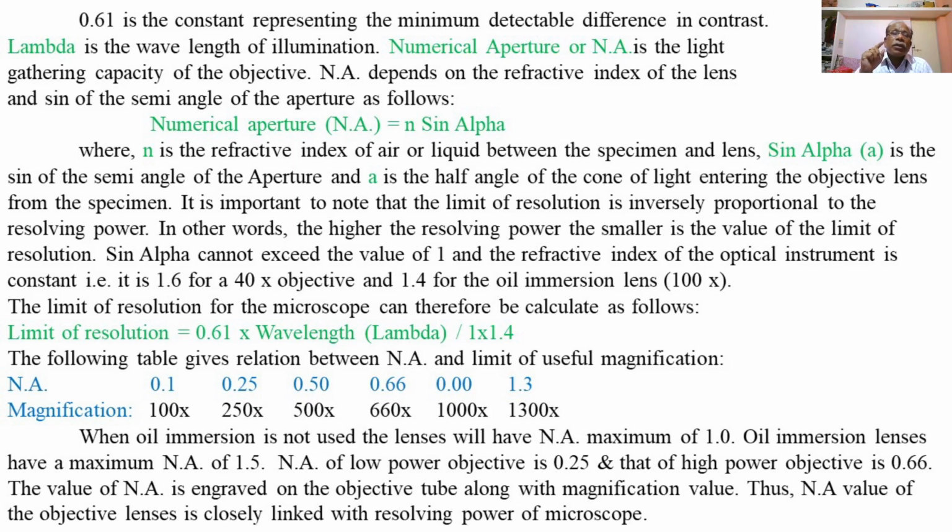A numerical aperture of 0.1 represents a magnification of 100x. 0.25 represents 250x, 0.50 represents 500x, 0.66 represents 660x, 1.0 represents 1000x, and 1.3 represents 1300x.